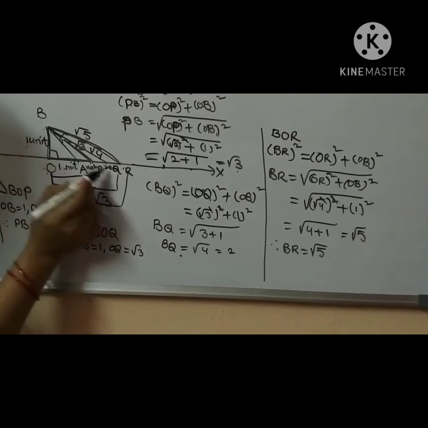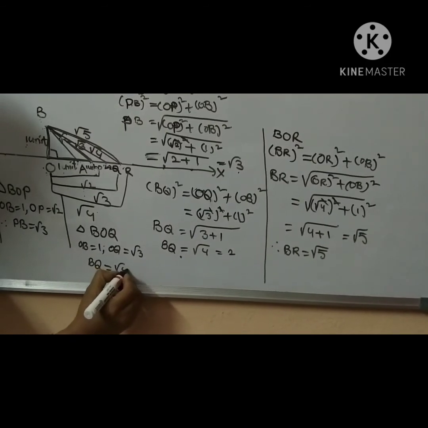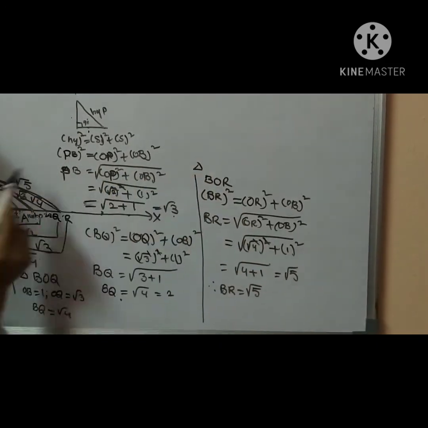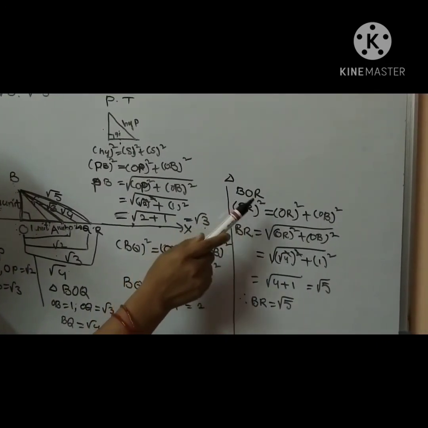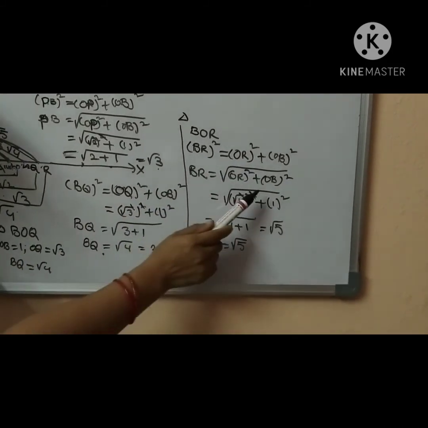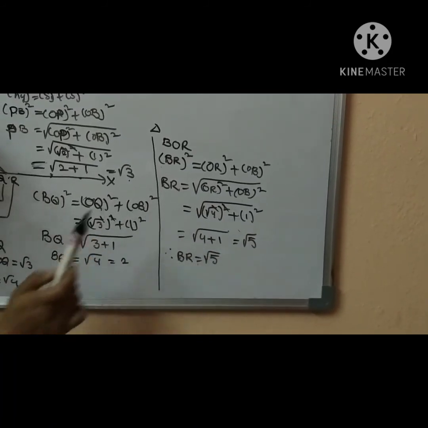So here find the BQ. Therefore BQ equal to how much? Root 4. Finally we get the triangle BOR. So here in triangle BOR, hypotenuse is there and side OR equal to root 4 whole square and side OB equal to 1. They will get BR equal to distance root 5.